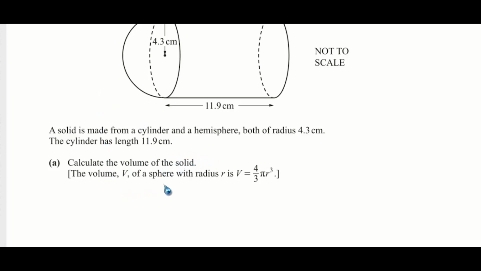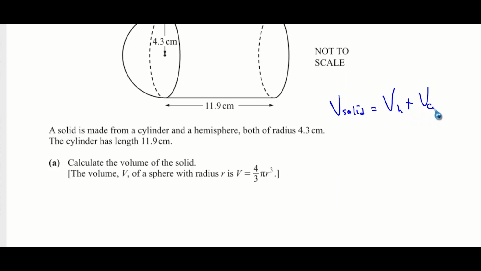So the volume of the solid will be equal to the volume of the hemisphere plus the volume of the cylinder.